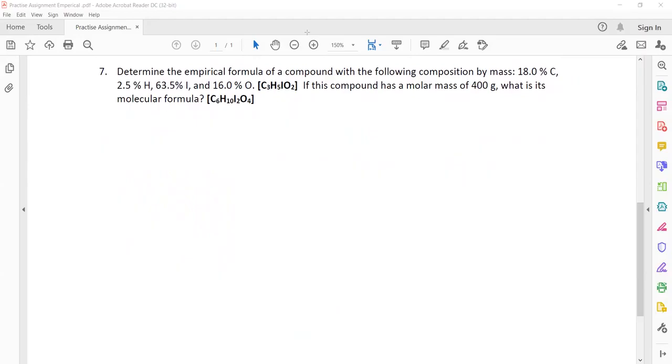In question 7, we have to determine the empirical and molecular formula. So first, for the empirical formula, we have carbon in this compound, we have hydrogen, we have iodine, and oxygen is there. The percentages: carbon is 18%, hydrogen is 2.5%, iodine is 63.5%, and oxygen is 16%.